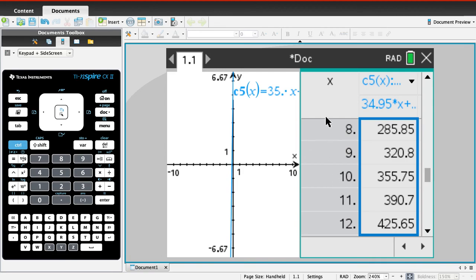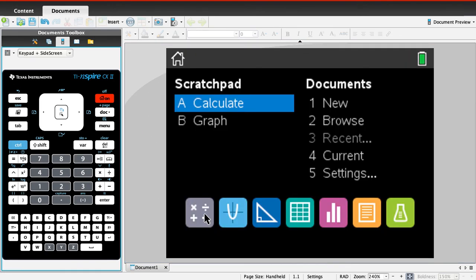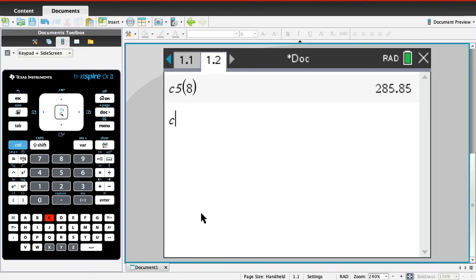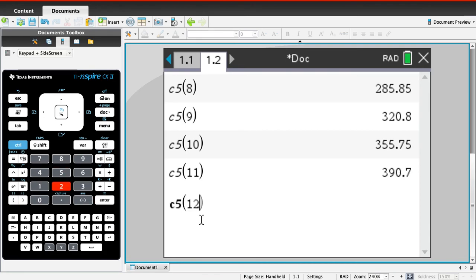Or let's say that they were all spaced out or they were a decimal. I can go to a calculator screen and I can call them up. So C5 of 8, C5 of 9, C5 of 10, C5 of 11, C5 of 12. So I can type that in. I'm inputting my domain here, and I'm asking it to spit out my range.